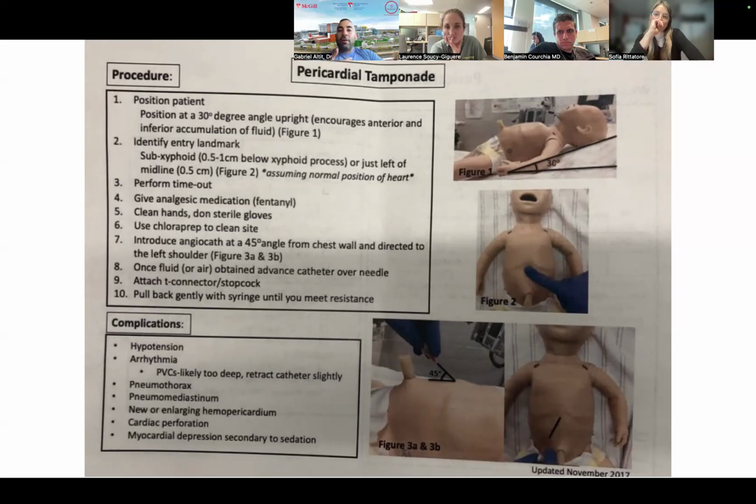This can also happen if you have cardiac babies in your unit, like post-cardiac surgery, post-pacer wire removal, post-septostomy, because there could be injury to some of these structures. If you're doing transductal cath closure, you can have injury to some of your myocardial structure, and you can have a post-cath tamponade event.